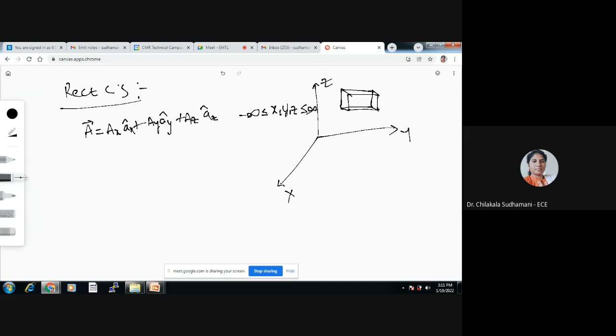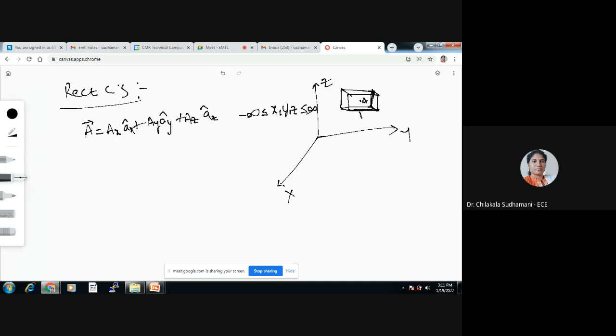It consists of a vector inside, and this component is the x-axis component, this represents the z-axis component, and this represents the y-axis component.